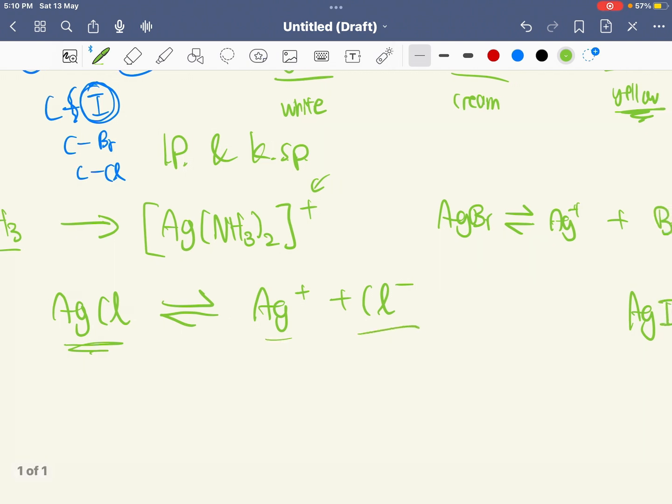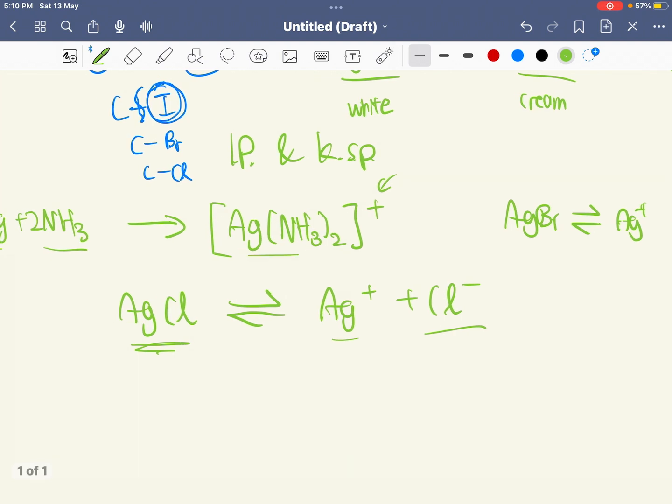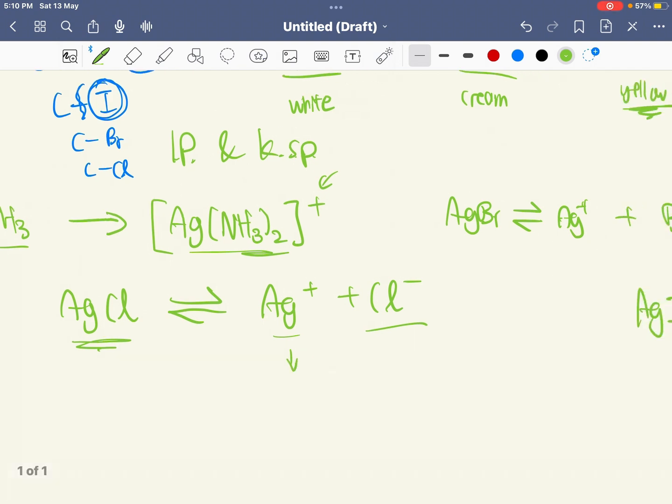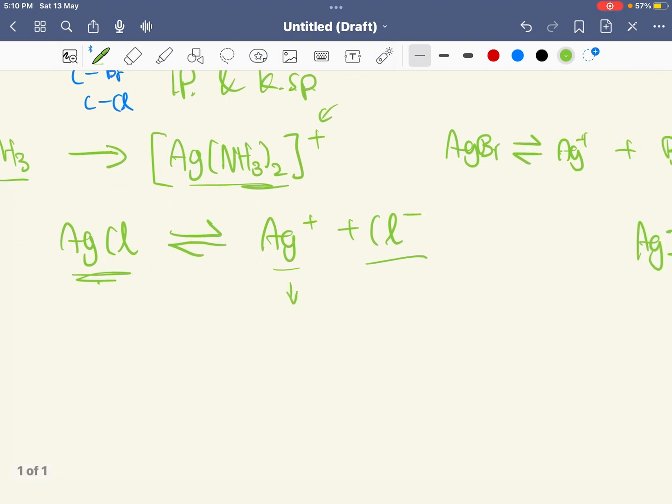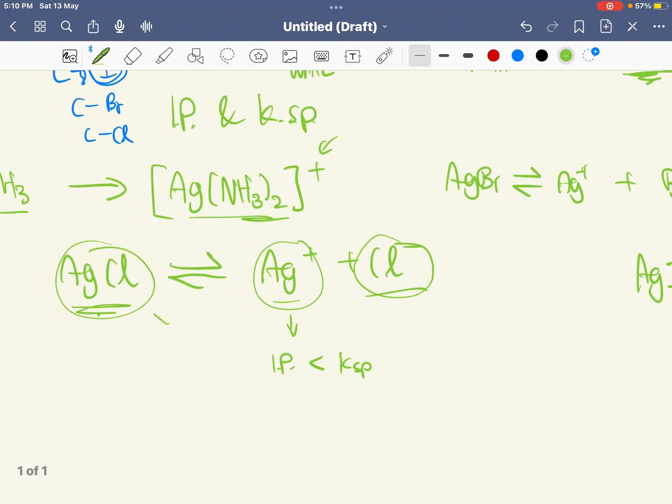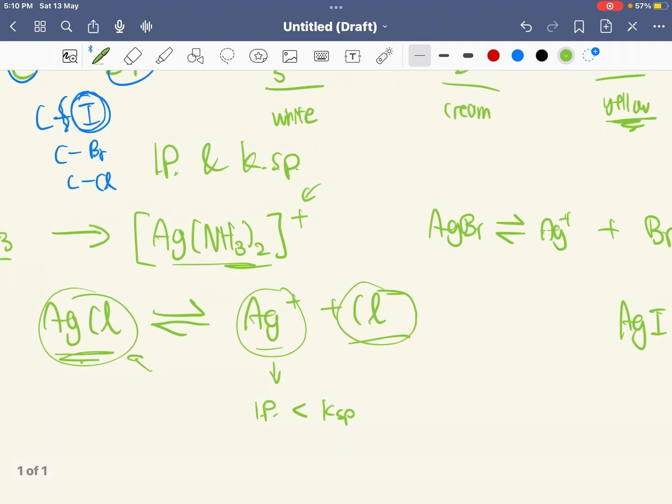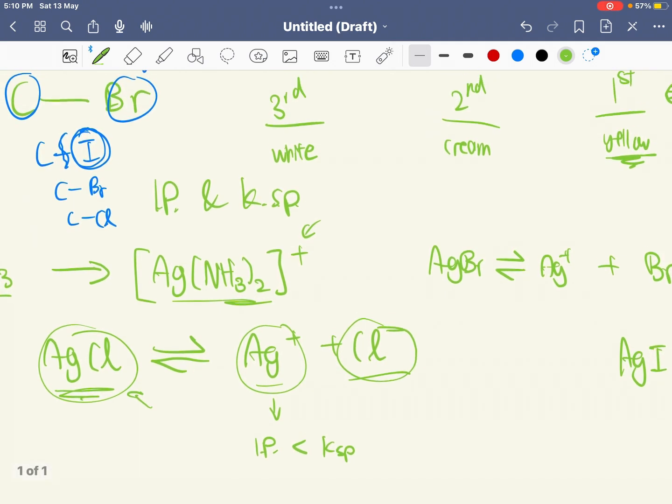When we form this silver diammine complex here, the concentration of our Ag+ will decrease. So at the point that we use aqueous ammonia, our ionic product, which is Ag+ and Cl-, is actually lower than the solubility product of our AgCl salt here. So therefore, this salt readily dissolves in aqueous ammonia to give your colorless solution.